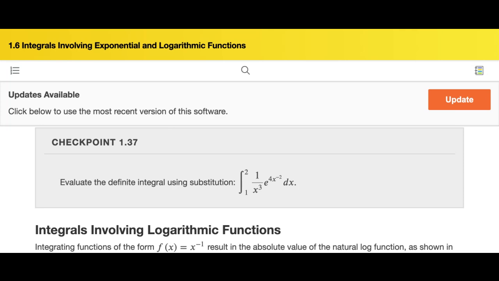So my hint is let u equal the exponent of e, which is 4x raised to -2, or equals 4 divided by x squared, right? Whichever you feel more comfortable to write.